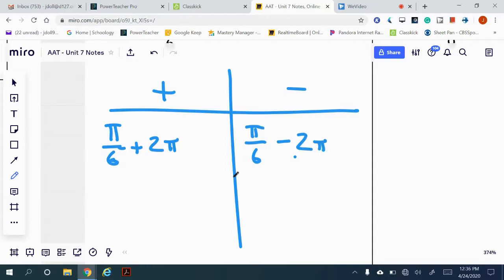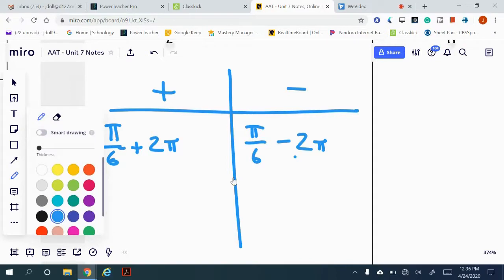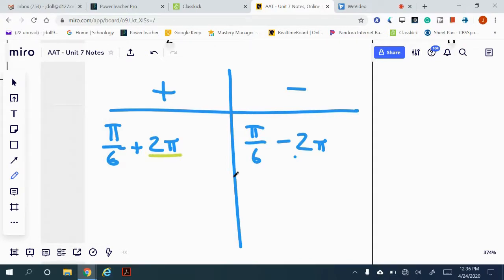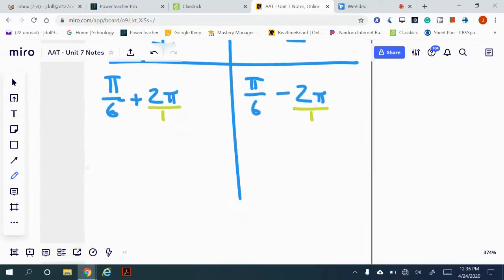Now the key is, though, guys, we can't add these fractions because they don't have a common denominator. Remember, the denominator of 2 pi is 1. So this has a denominator of 6. This has a denominator of 1. We can't add them. We need to convert 2 pi over 1 to have a common denominator of 6.